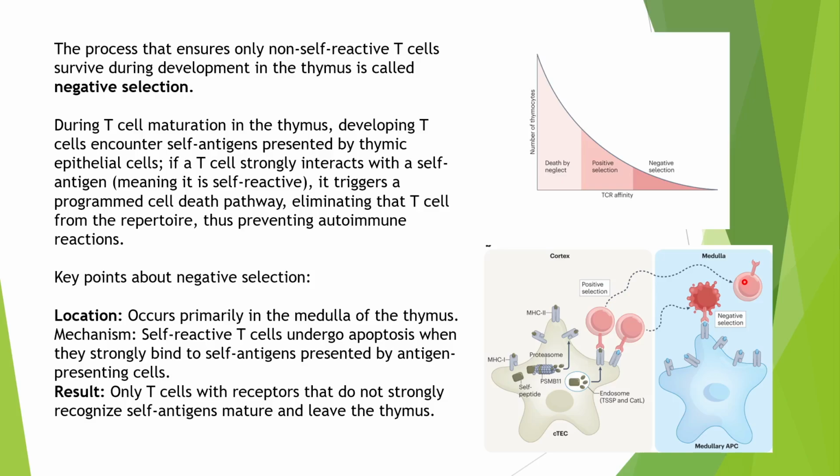So this is how positive and negative selection play a role in protecting your body against external pathogens, and also protecting your body by preventing self damage.